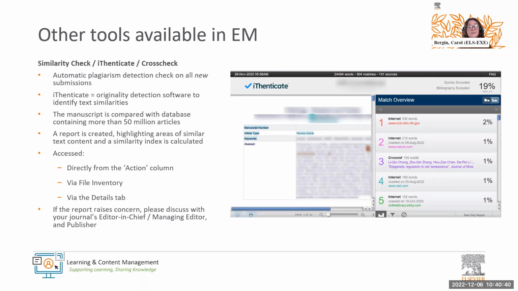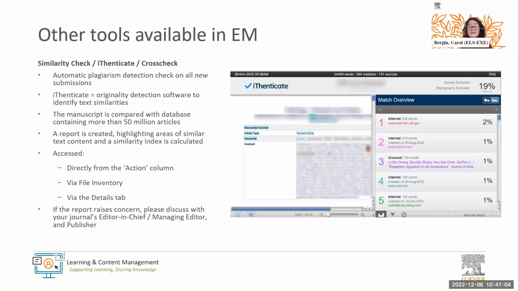And it does this by comparing a submitted manuscript with a web repository and database, which contains more than 50 million published articles. The result is an interactive similarity report, which highlights areas of similar text content and calculates a similarity index.